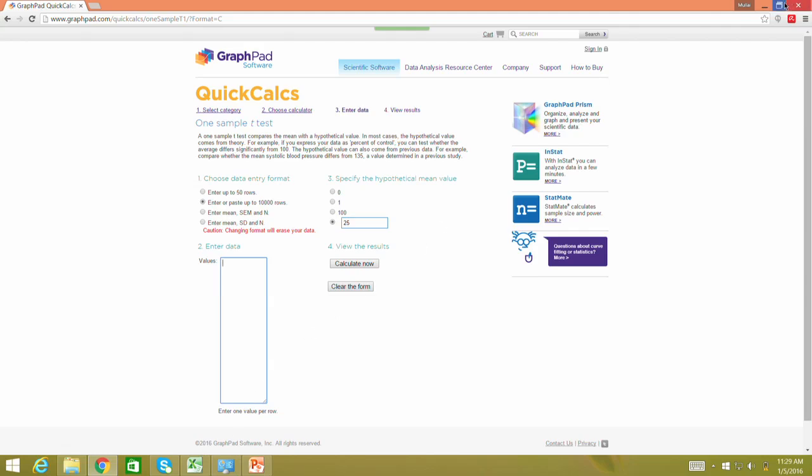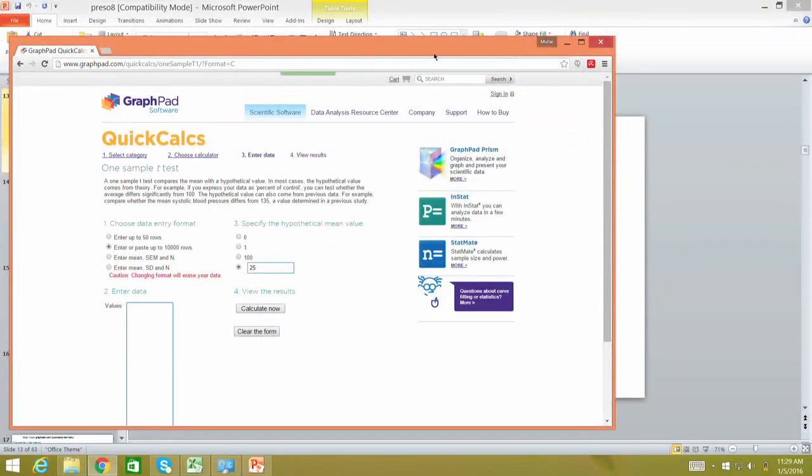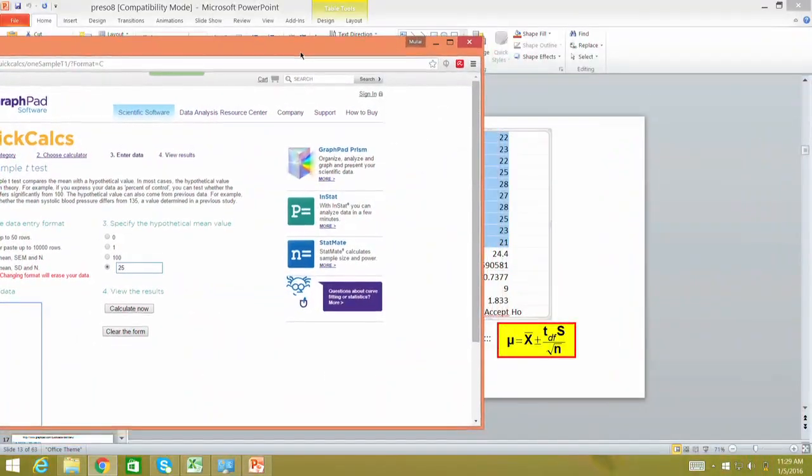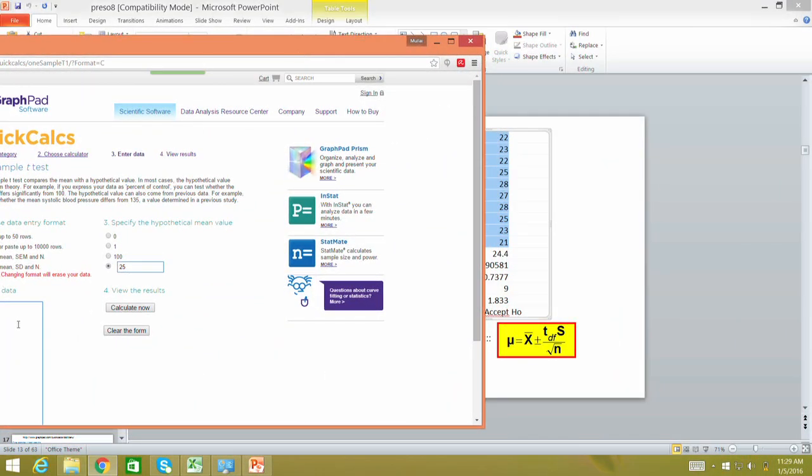Or if it does not get pasted, obviously we can write 22, 23, 22, 25, 28.